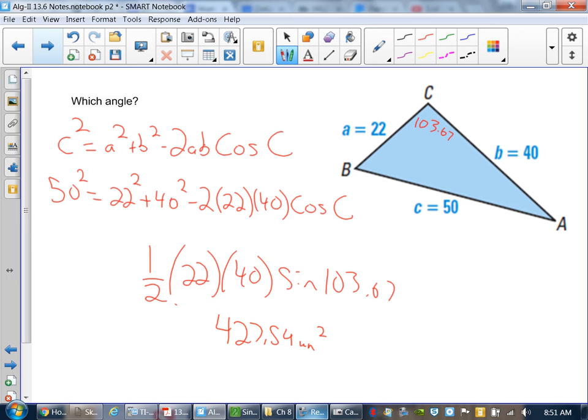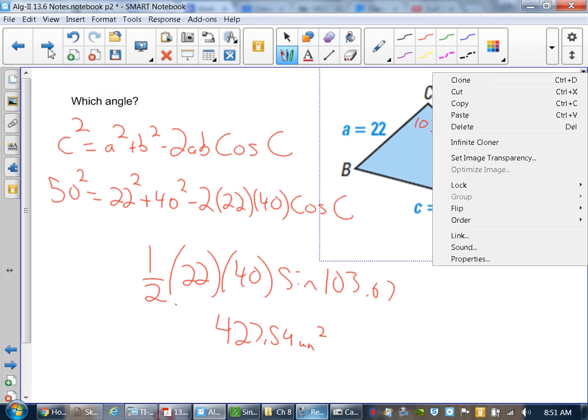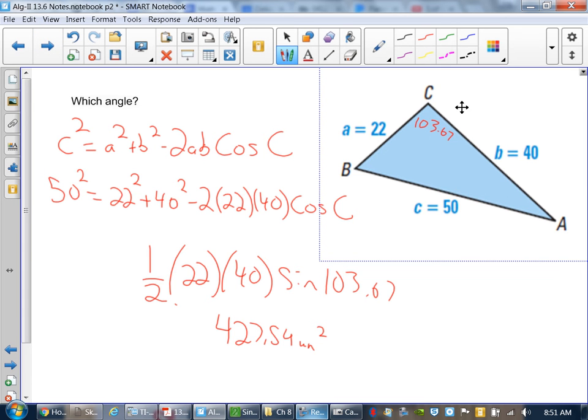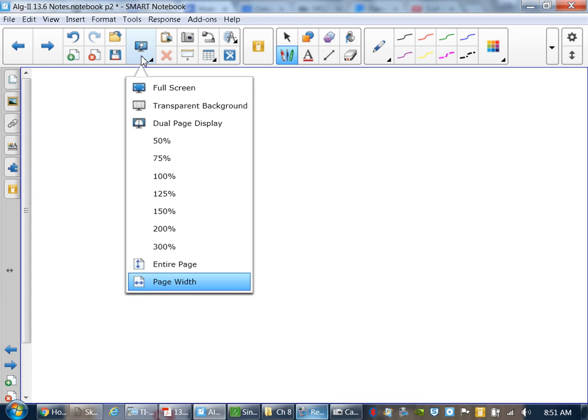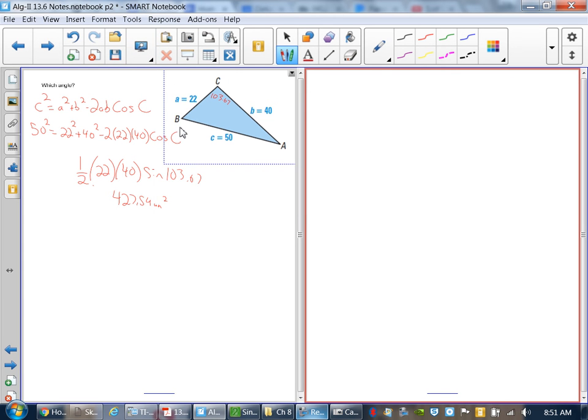Something squared. Like I said, if you wanted to go through and use that other formula, that's fine. It just takes forever. Let's do this real quick.